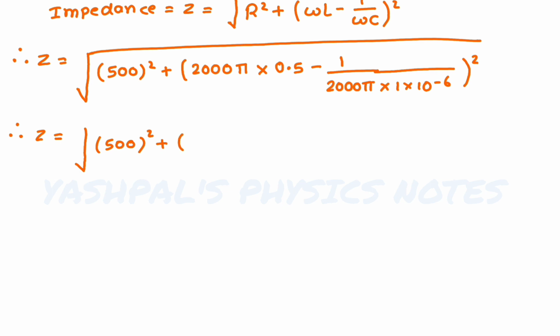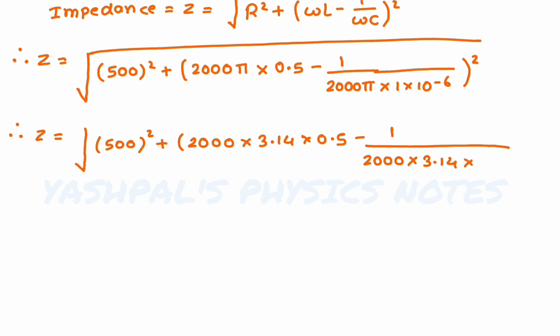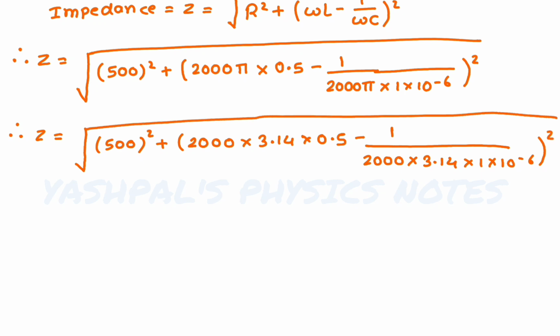In the exam you can directly write: 2000 into 3.14 into 0.5 minus 1 upon 2000 into 3.14 into 1 into 10 to the power minus 6, and this whole bracket square, all under root.